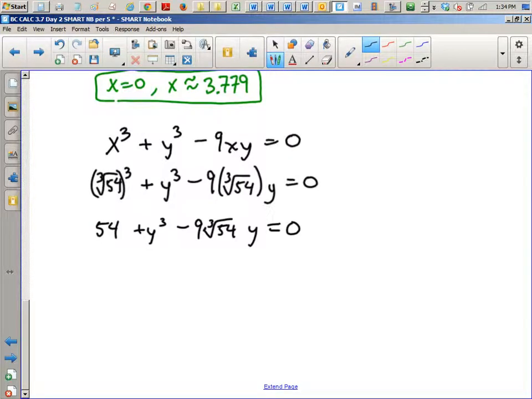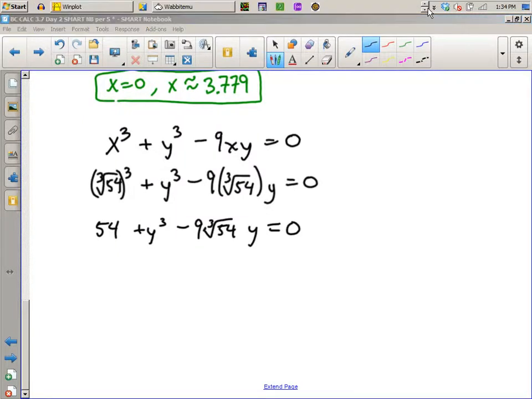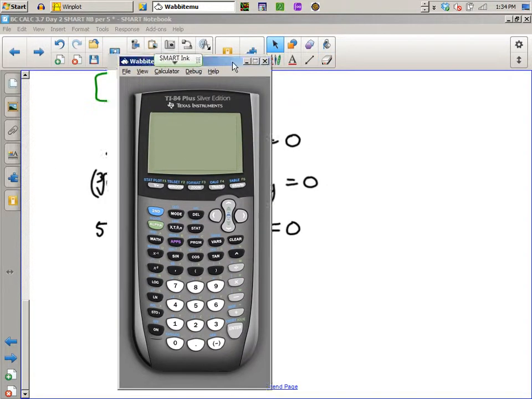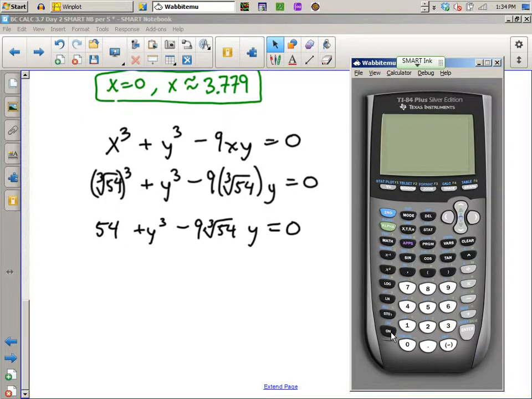How am I going to get the roots on that thing? Well, it probably factors in some way, shape, or form, but I think I'm just more comfortable cheating. So I'm going to get out my calculator, and I'm going to find the roots that way. I'm going to clear out my pre-calc function from earlier. I'm going to type 54 plus x to the third minus 9 times 54 to the power 1/3 times x.